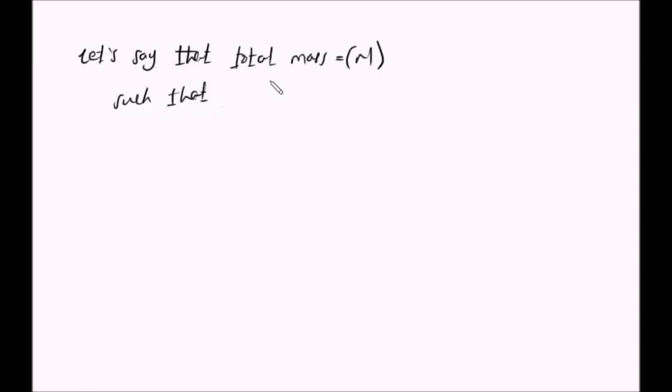So let's say the total mass of the system is M. So it means M is going to be equal to the mass of the first particle plus the mass of the second particle plus the mass of the third particle.